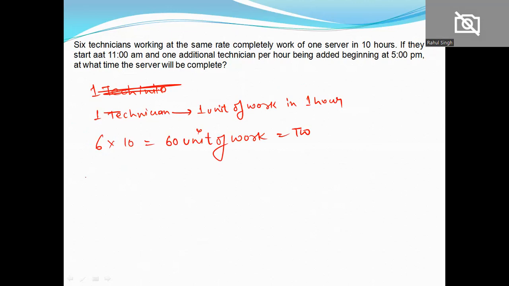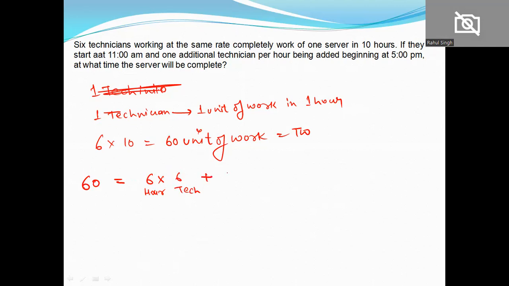Alright. So 60 units of work is required to be done if they start at 11 a.m. So from 11 a.m. till 5 p.m., this is 5 plus 1, 6 hours. For 6 hours there will be 6 technicians.